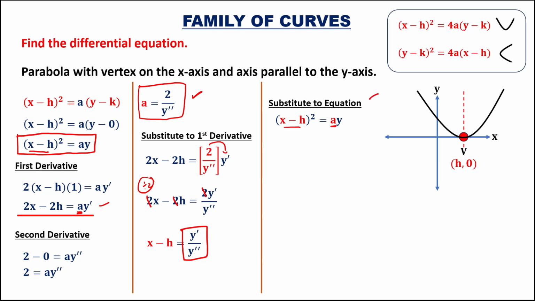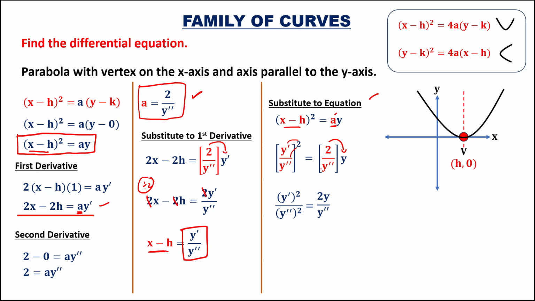So the equation becomes the quantity y prime over y double prime to the power 2 for x minus h equals a, where a is 2 over y double prime, times y. Then to simplify, distribute this exponent. So this becomes y prime to the power 2 over y double prime to the power 2, equals, multiplying, 2y over y double prime.